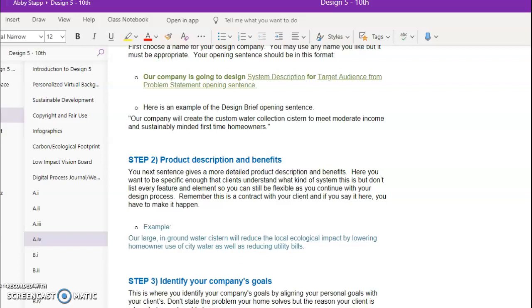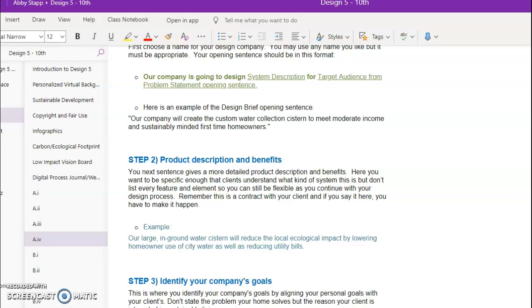Our large in-ground water system. Above, I talked about the water collection cistern, and now I'm getting a little more descriptive. It's large. You can say how many gallons if you want, but again, if you promise something, you are going to have to fulfill it. If at this point you're not sure how many gallons or how big you want this to be, you can just say large, and it will still give your client that understanding that you're thinking about several members in this household potentially.